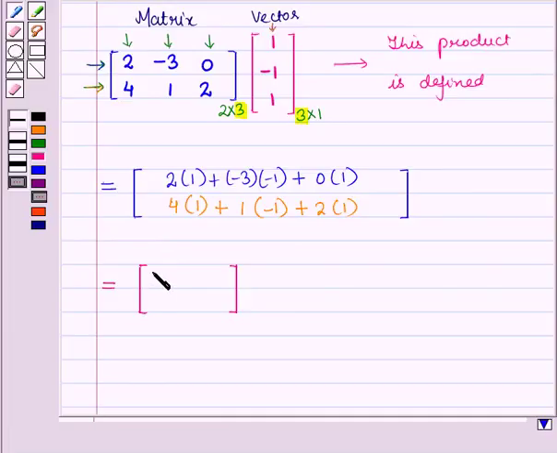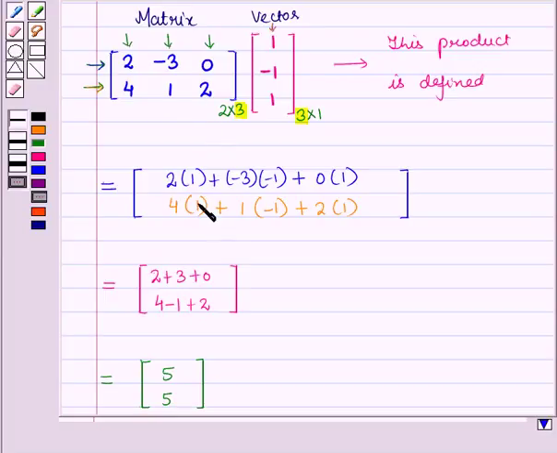On simplifying, we have a matrix with element in first row as 2 plus 3 plus 0 and element in second row as 4 minus 1 plus 2. Further, this is equal to matrix with element in first row as 5 and element in second row as 5.